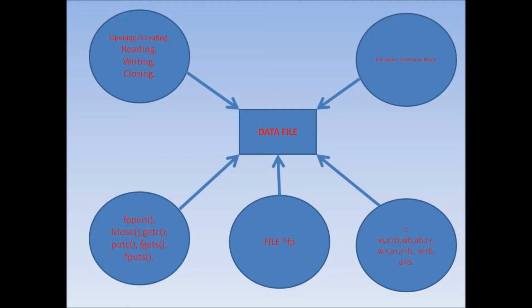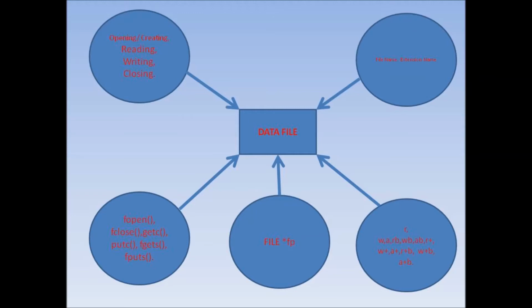And whenever we declare any file pointer, we need to use this keyword FILE in capitals, and after this keyword FILE, the file pointer is declared as *fp, as I mentioned here. Later when you write programs related to file operations, we'll see this in detail.